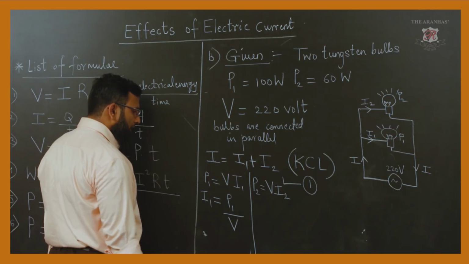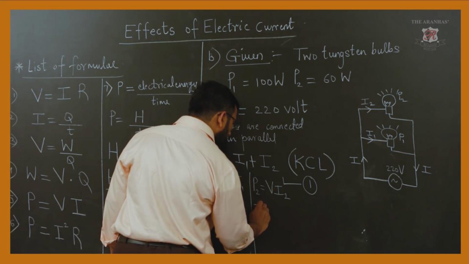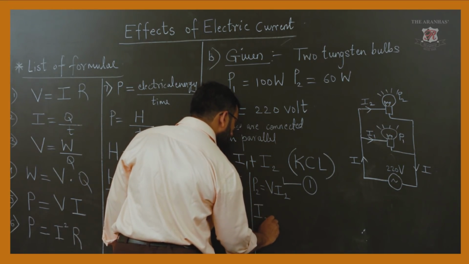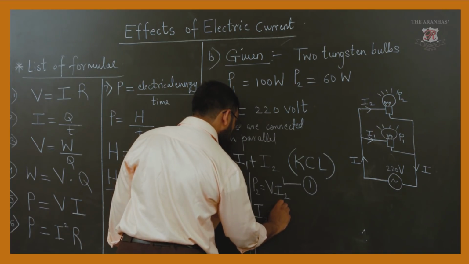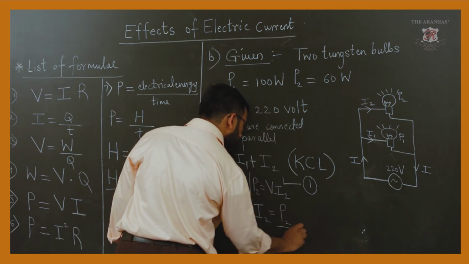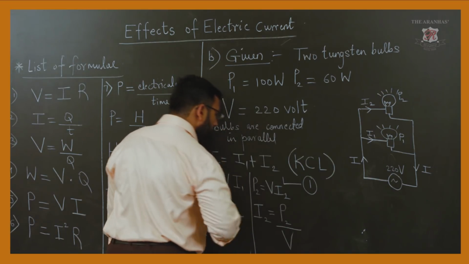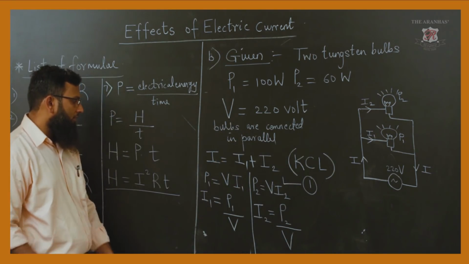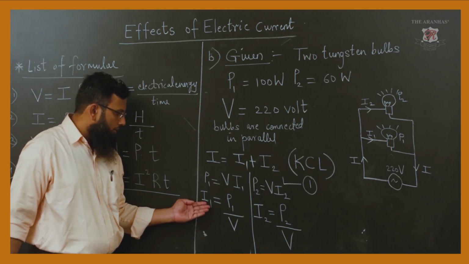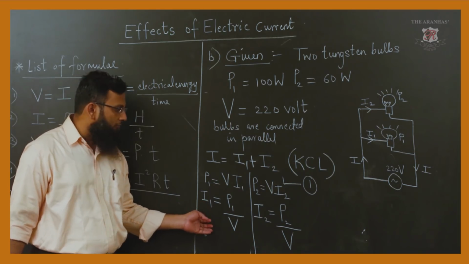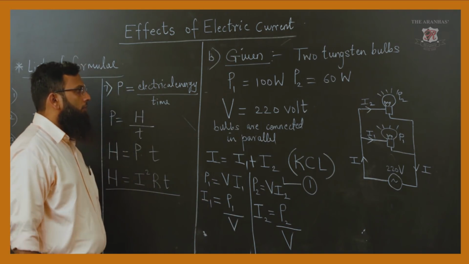So, I2 will be P2 upon V. Now if you observe, we have got a formula for both I1 as well as I2.